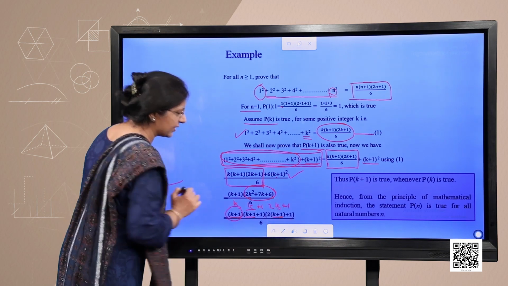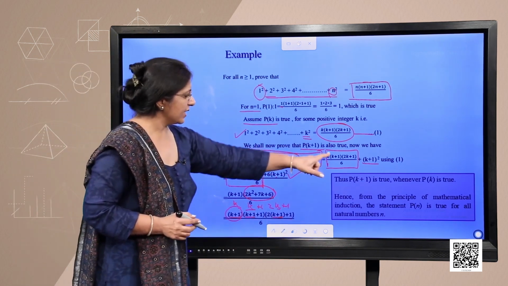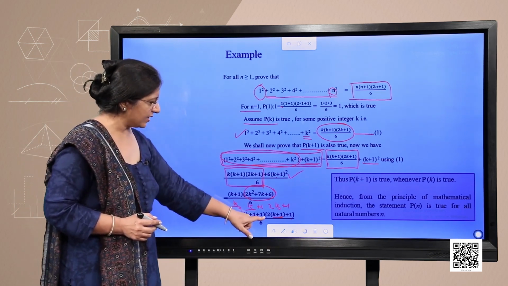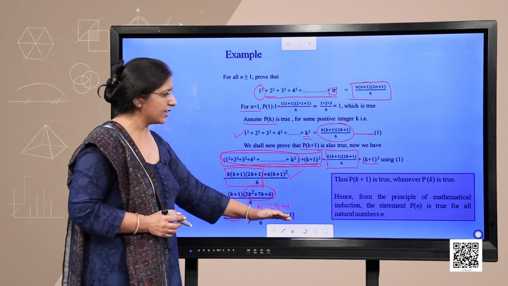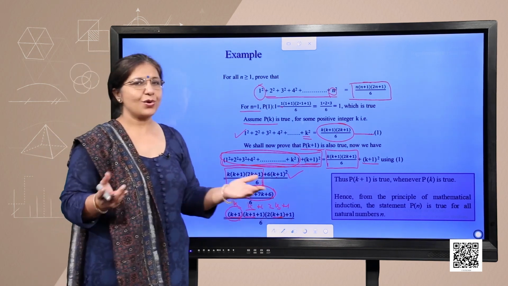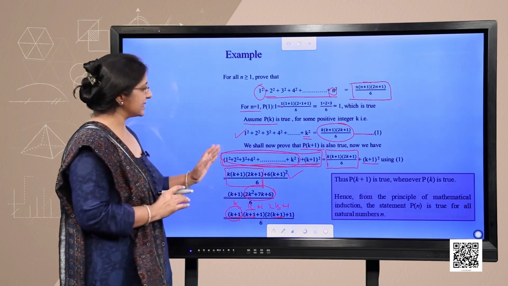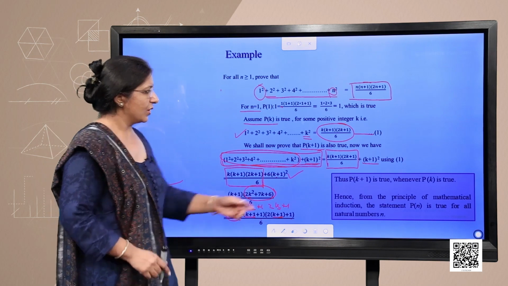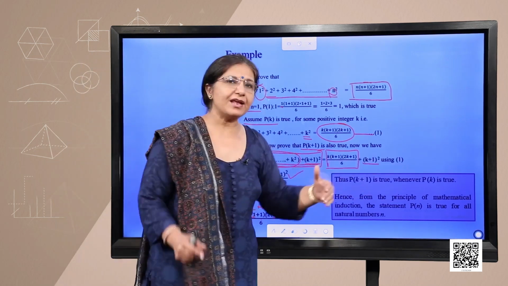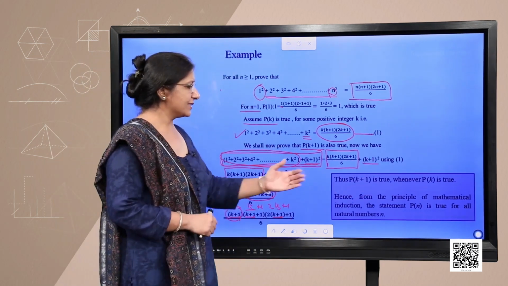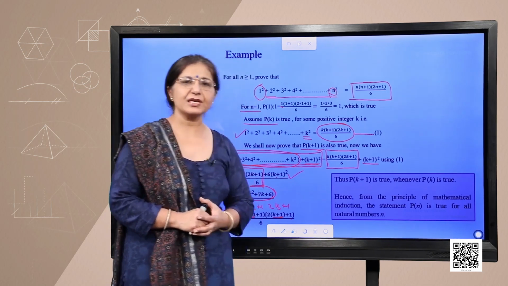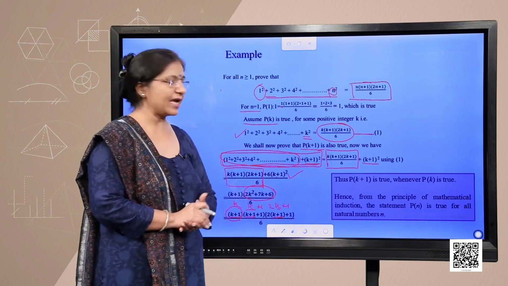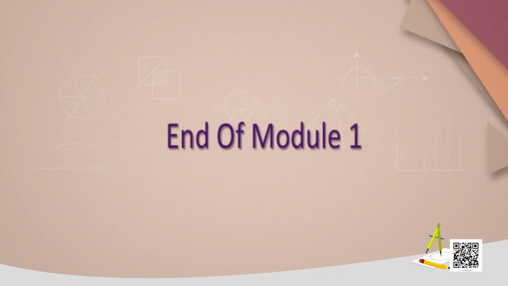Since it was true for k, now it is true for k plus 1: k plus 1 plus 1, 2k plus 1 plus 1, divided by 6. So we can see that this statement Pn is true for Pk plus 1 also. Thus Pk plus 1 is true whenever Pk is true. Hence, from the principle of mathematical induction, Pn is true for all n, where n are natural numbers.